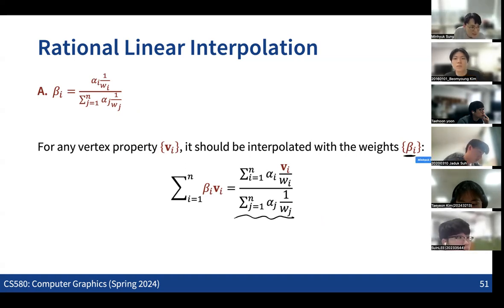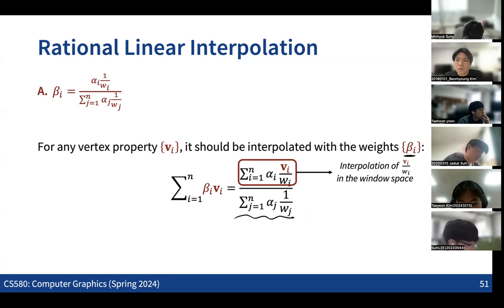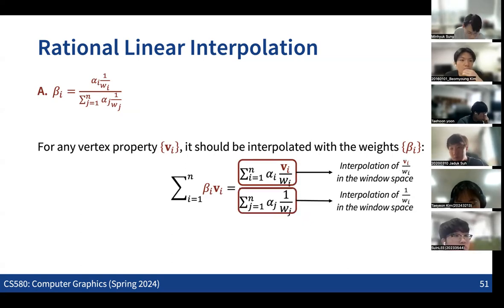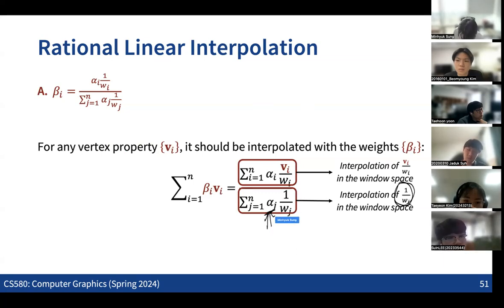Then what we can see is that we are dividing the interpolation of the vertex properties over W, using the weights alpha, by the interpolation of 1 over W, with the weights of the barycentric coordinates.